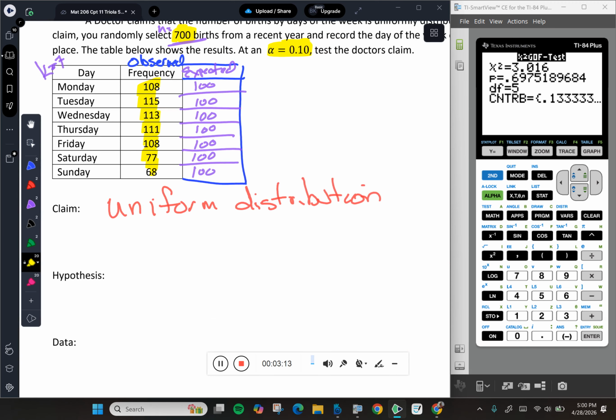All right, so I've got a claim. My claim is going to lead to a pair of hypotheses. My null hypothesis is that my observed matches my expected, or that the observed distribution is uniform.